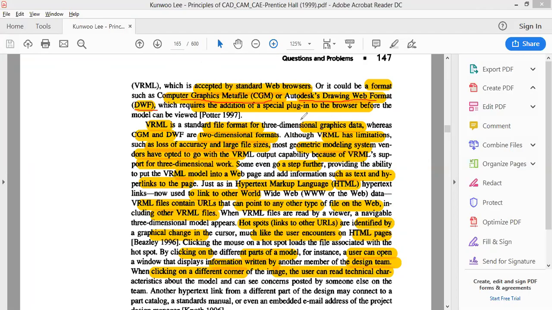And similarly, for the VRML standard file format in 3 dimensional, that is for assembly models, part models, and data, all such things can also be used by using the CGM as well as the DWF format.